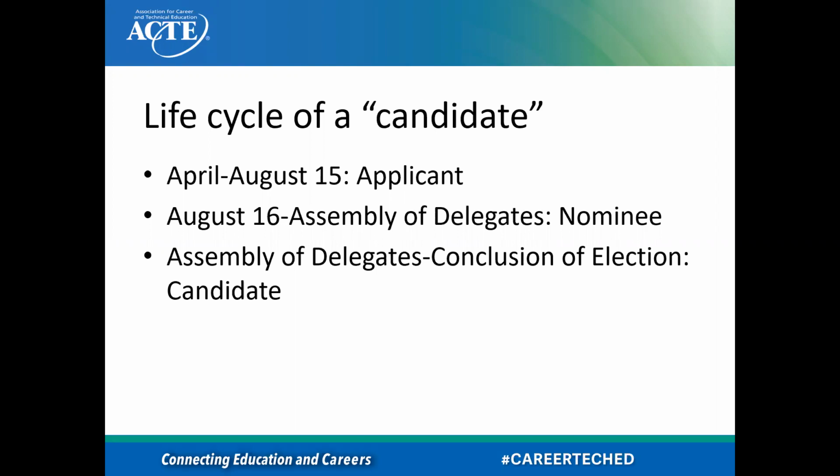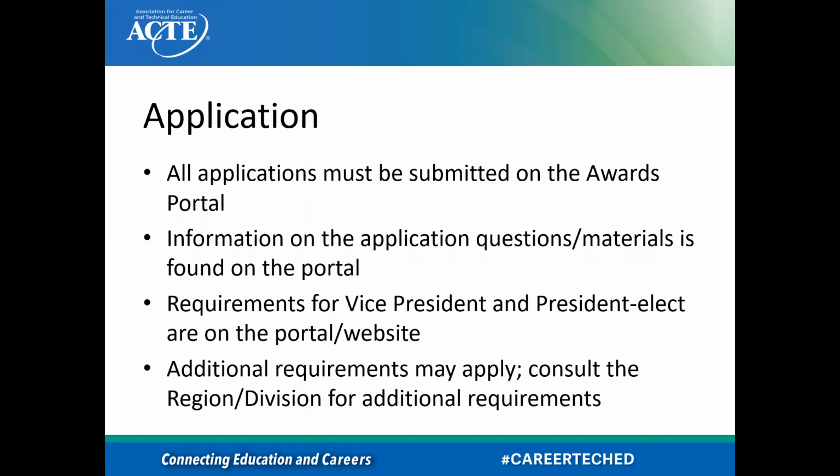Between August 16th and the Assembly of Delegates, before the slate is officially approved by the Assembly of Delegates, you are considered a nominee. And from that point at the Assembly of Delegates until the conclusion of the election, you are considered a candidate. And throughout this whole process, this whole life cycle of a candidate, everyone is expected to adhere to the campaign policies. Those are available on the ACTE website.